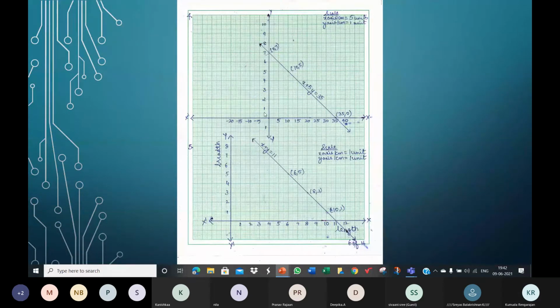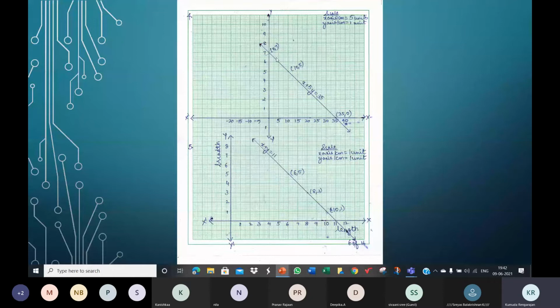Okay. So the x-intercept is the coordinates of the point where the graph line intersects the x-axis.